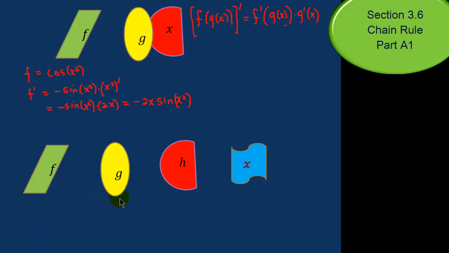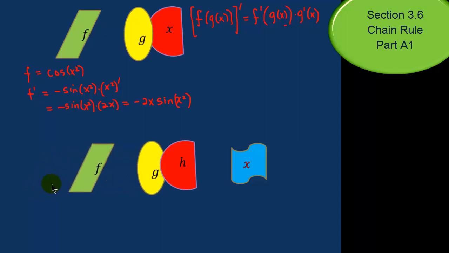Now, we can go even further because that means f here acts on g. Now g acts on h, and h is now the function acting on x. So what we've got now is we can use the same idea to illustrate.